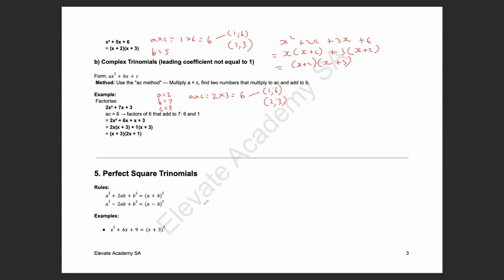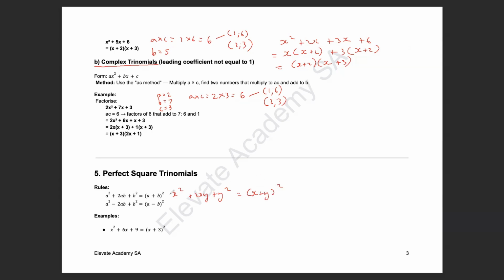Now let's go to perfect square trinomials. So the method we use in the previous example, which is the complex trinomials method, the AC method, also works here. It's just we have to understand, this is a bit confusing here. Let me rewrite the first rule as x squared plus 2xy plus y squared is going to equal x plus y squared.